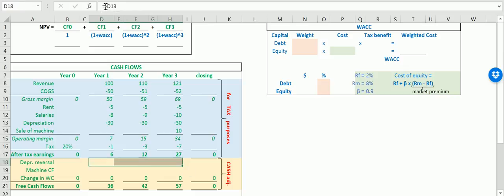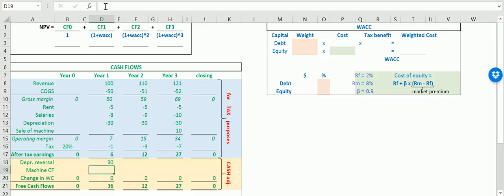Good. So now we already have the accounting numbers and we have the after-tax earnings. What we're going to do next is to see which of these numbers don't correspond to actual cash flows, and then correct that. So the first thing which doesn't correspond to cash flows is the depreciation.